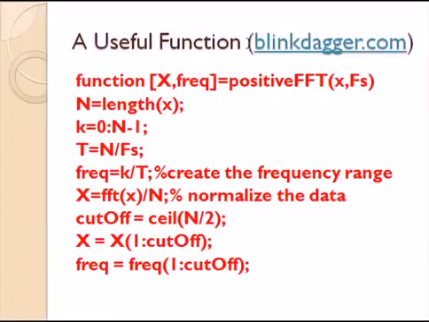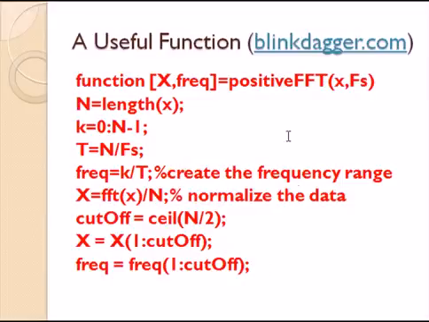So I got this from blinkdagger.com. It's an interesting blog related to these sorts of things, okay? And on that website, I downloaded this routine called Positive FFT. It gets rid of this plus or minus symmetry in the FFT, so it dumps out half of the results, and then it returns not only the FFT but the frequency. All right, so I'm not going to go through how this works.